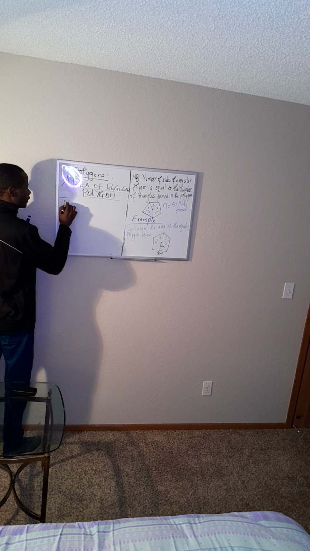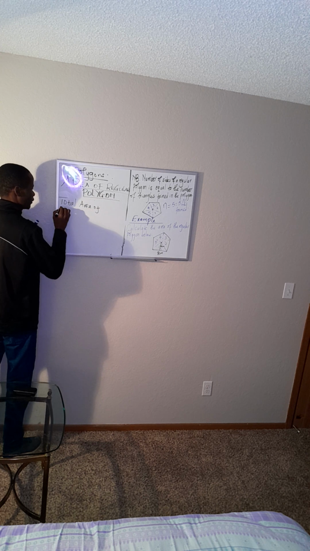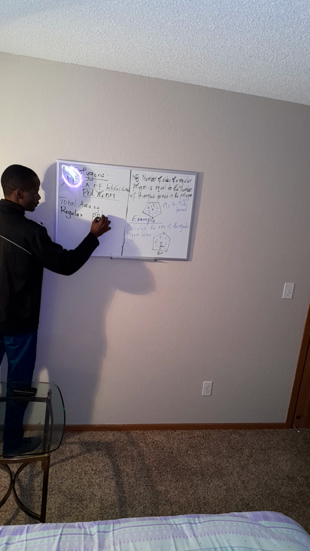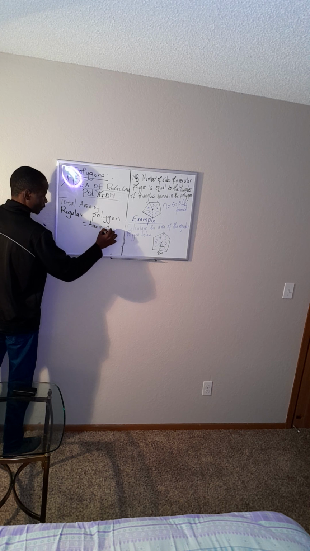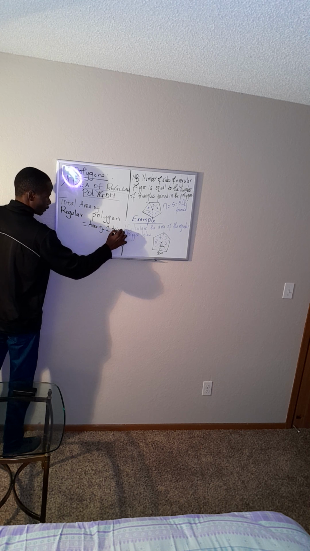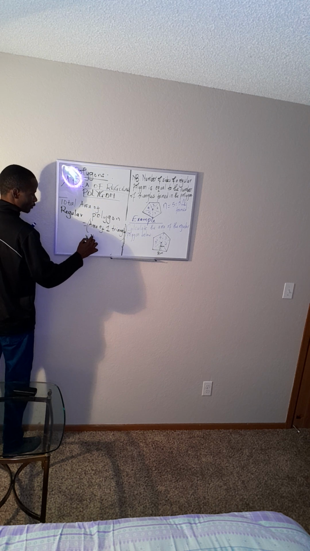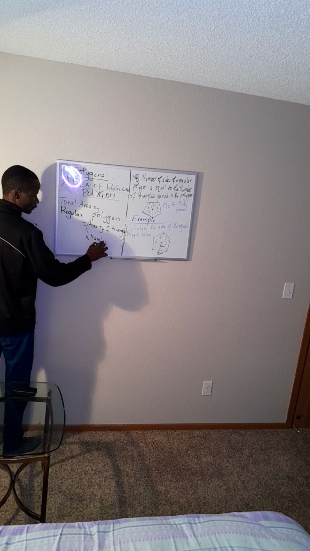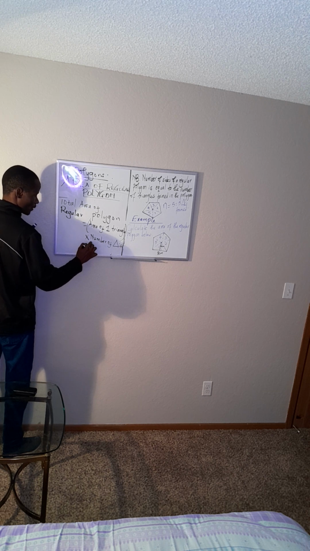Therefore, now we are saying total area of regular polygon is given by area of 1 triangle multiplied by number of triangles in the polygon.